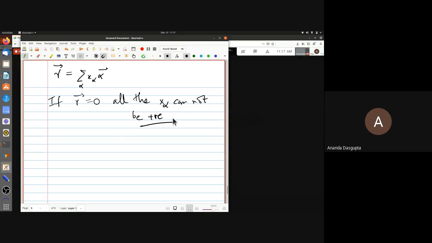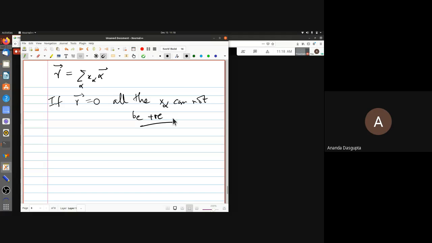Right? So what we can always do, after all, for linear dependence, you don't really need all the x alphas to be positive. You can always say that some of the x alphas are positive, some of the x alphas are negative, and that's why you're getting zero. So this by itself cannot tell us that the set of the simple roots is a linearly independent set.